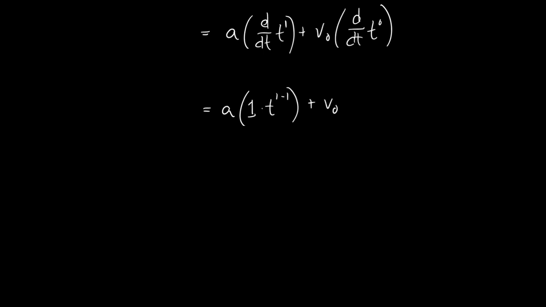Plus v naught times, I take the 0, bring it down, times t to the 0 minus 1. And this gives me what we knew would be the answer. 1 times t to the 0, which is just 1, so all that's a. And the other one, the 0 obliterates everything there, so that's it.